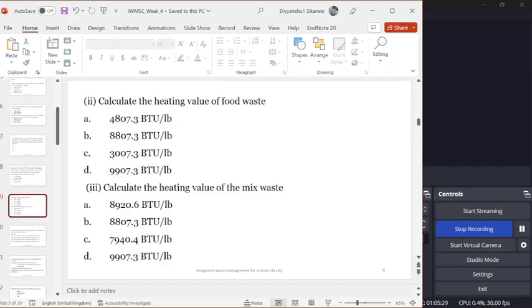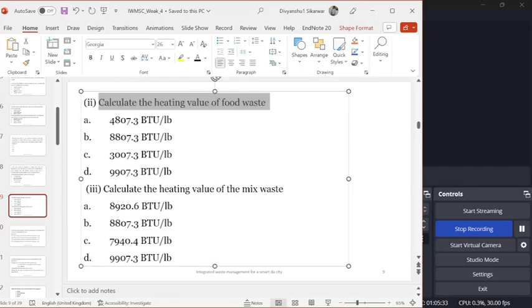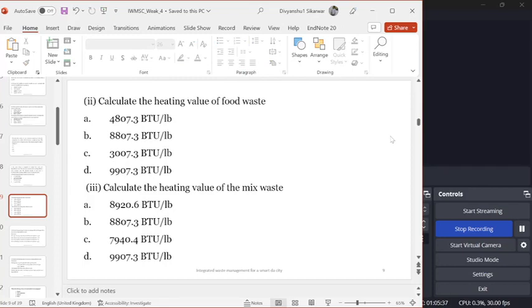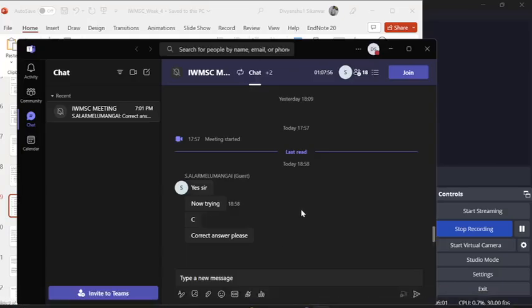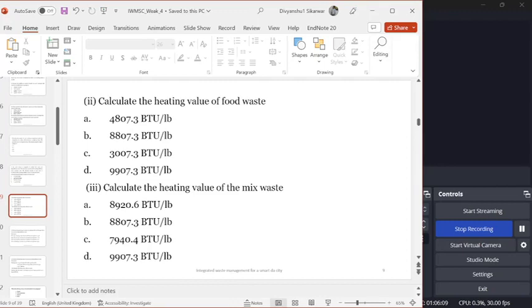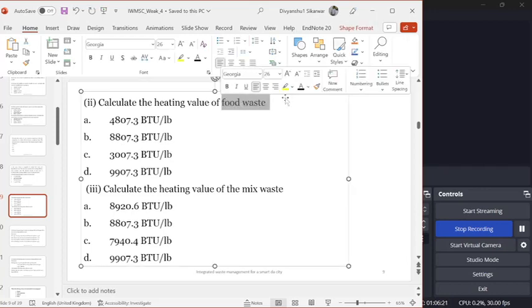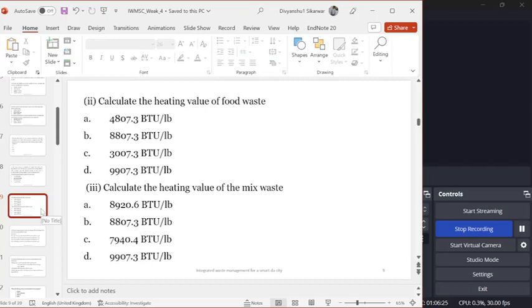We have the second part of that question. We will calculate the heating value of the food waste. So we need Dulong's formula.